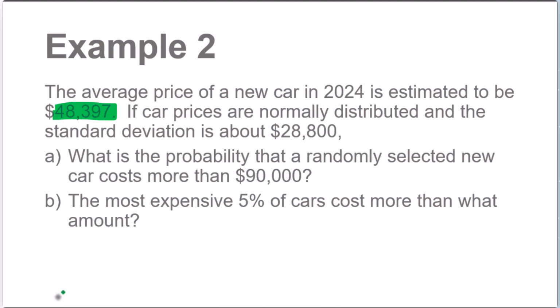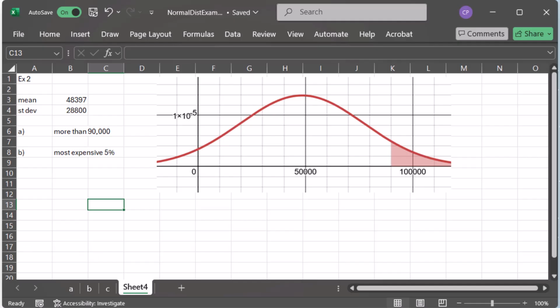The first question asked here is, what is the probability that a randomly selected new car costs more than $90,000? So I'm switching over to Excel. Again, I have a graph pasted in here. I would recommend drawing just a simple normal curve.